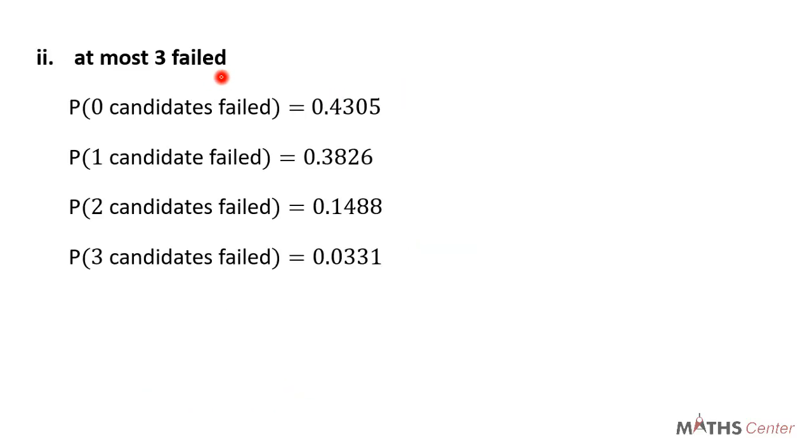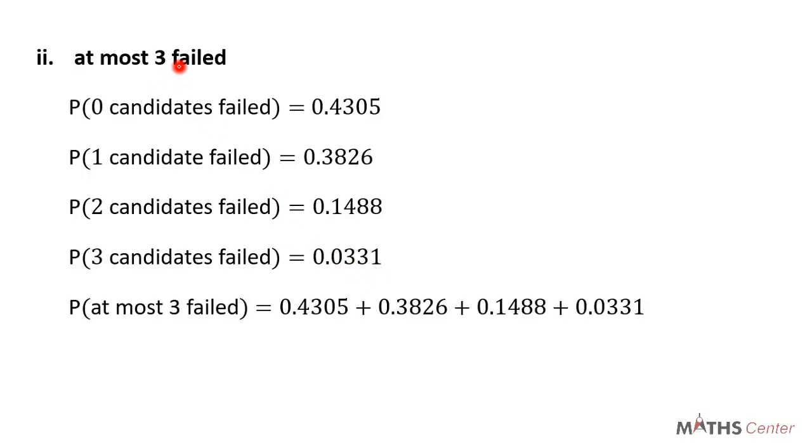So we now have the probabilities of these 4 events. The first one, 0 candidates failed, we have 0.4305. The second one, 1 candidate failed, we have 0.3826. The third one, 2 candidates failed, we have 0.1488. The fourth one, 3 candidates failed, we have 0.0331. The probability that at most 3 candidates failed will be the summation of these 4 probabilities.